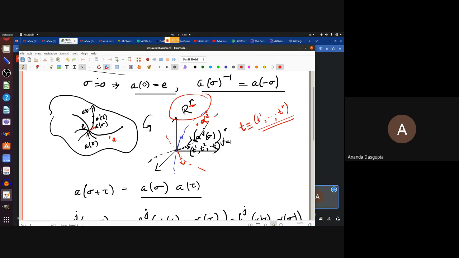Here I'm putting alpha j without a sigma, basically because I'm talking of the coordinates of a particular point. I should be actually able to find some one parameter subgroup which passes through alpha j. Is that okay?